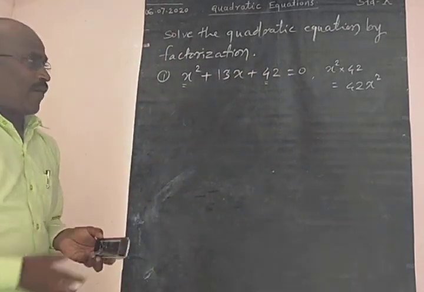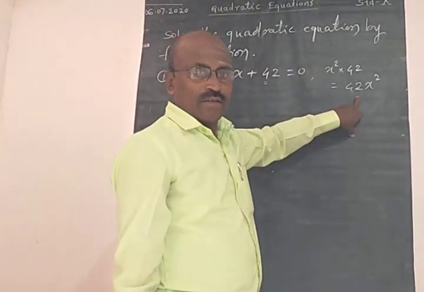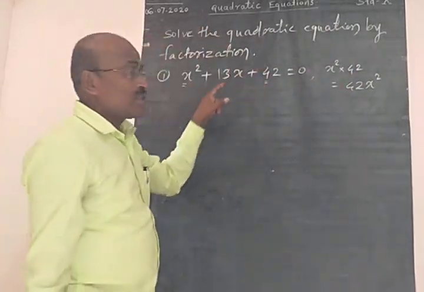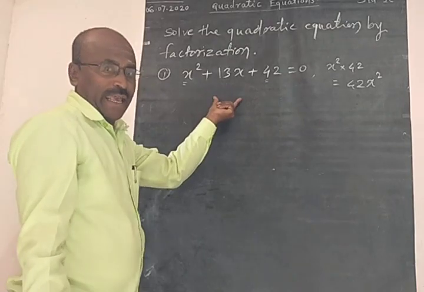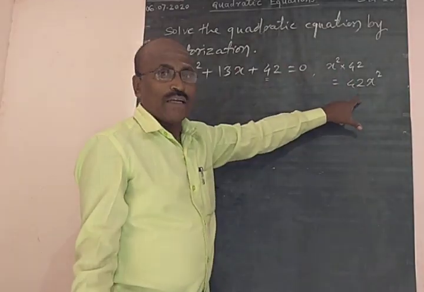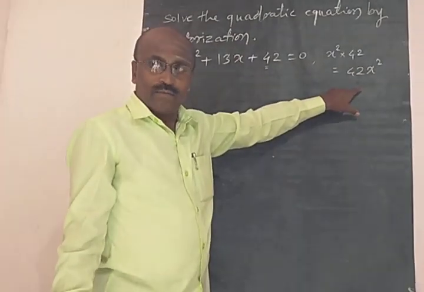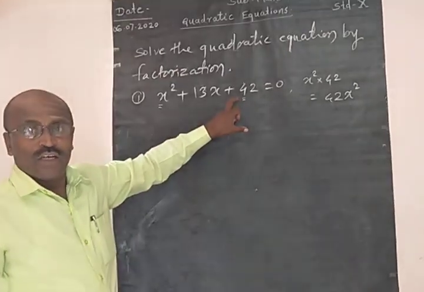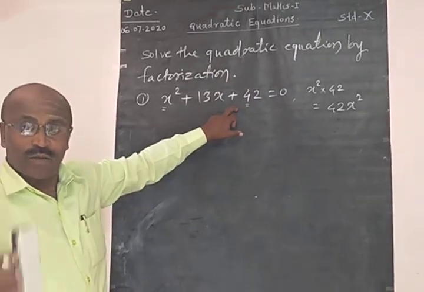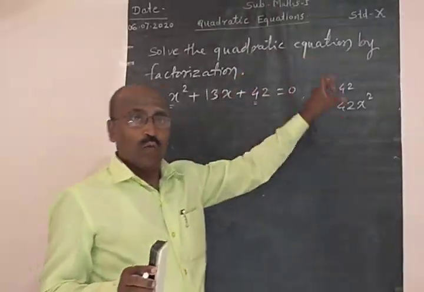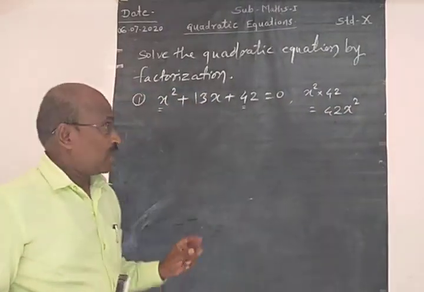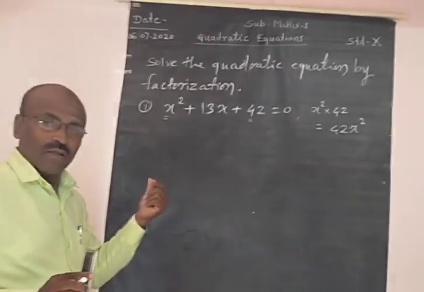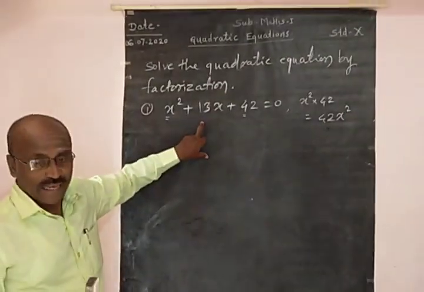Now we have to find the two factors of 42x square such that whose sum is 13x and the product is 42x square. If the sign of the last term is positive, then we have to add the two factors for the addition 13x.